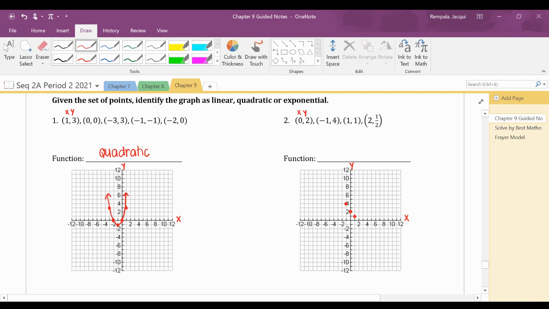And then at (2, negative a half), we move 2 to the right. Half is going to be in between 0 and 1. We are not going to have a lot of room to plot it, but it's in between 0 and 1. So notice that there is a curve that's happening here. We have something that looks like this. When you have a curve, that would be an exponential function.